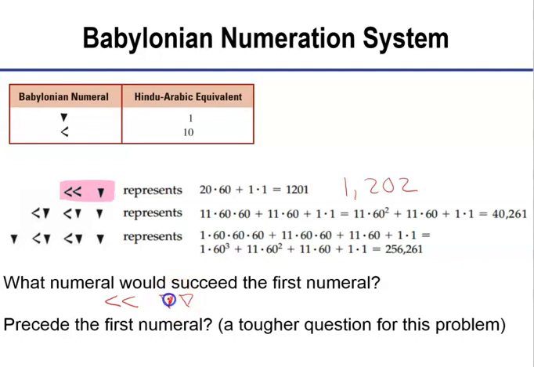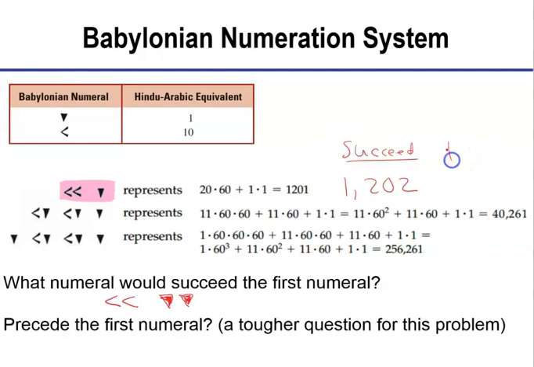If I want to make it really fancy, I would color those in, just like they're colored in here. Correct? Now, a far more difficult question, and I'm asking this probably very prematurely, but I want to address it anyway. What about to precede the first numeral? Succeed is what I have here.